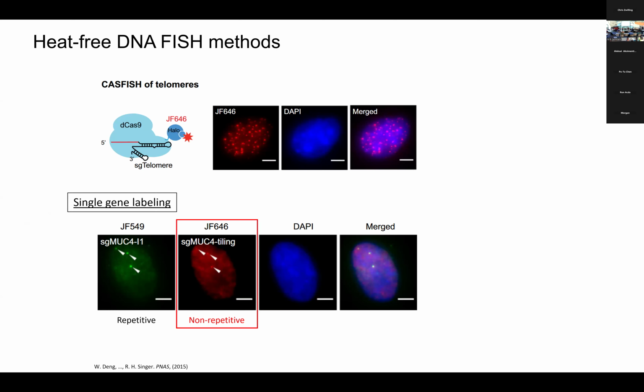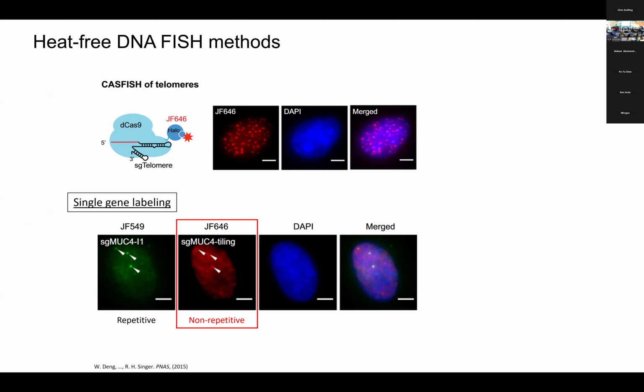So the field has actually recognized this issue, and people have been trying to figure out ways to overcome the limitation of traditional DNA FISH. This is, for example, CAS-FISH, utilizing the dCas9, which only binds to DNA but doesn't cut. This is work from Robert Singer's lab, where they fuse dCas9 with HaloTag and fluorescent dye.